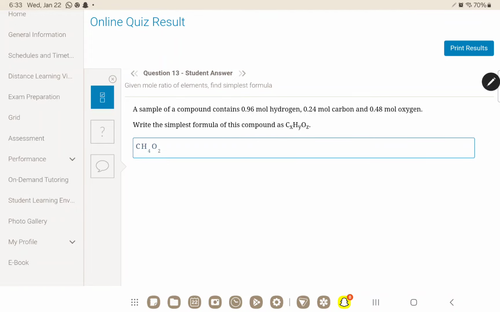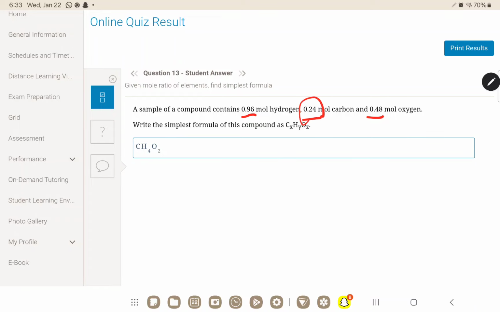For this question, the sample of carbon compound contains 0.96 moles of hydrogen, 0.24 moles of carbon, and 0.48 moles of oxygen. What is the simplest formula of this compound? So first of all, you have to look at the three numbers of moles and find the one with the least. What's the smallest number?